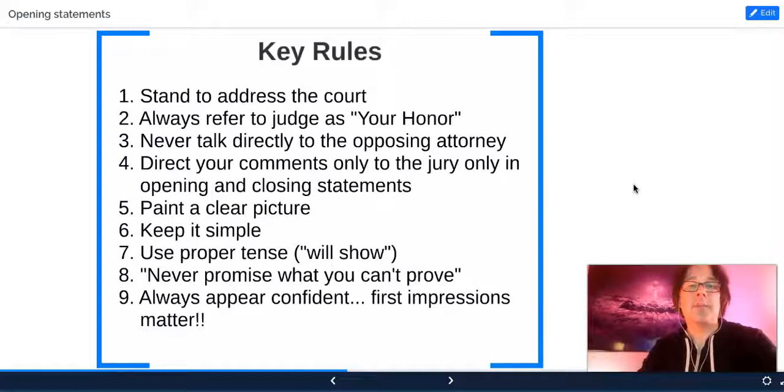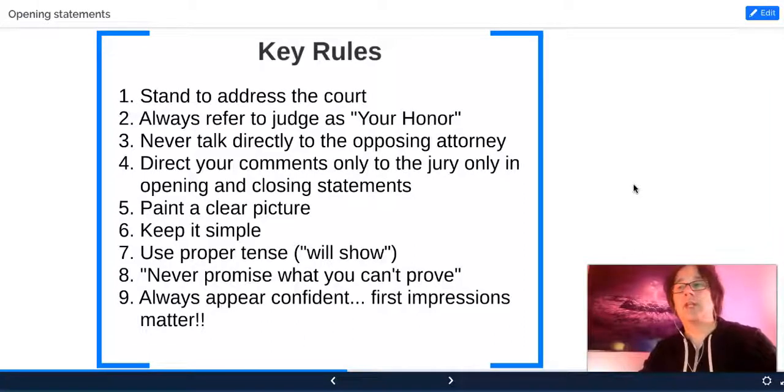So outside of opening and closing statements, don't talk about the jury, don't talk to the jury, don't address them in any way. You want to make sure that you paint a clear picture of your case. Again, a clear picture of your story. That's essentially what you're laying out here, right?